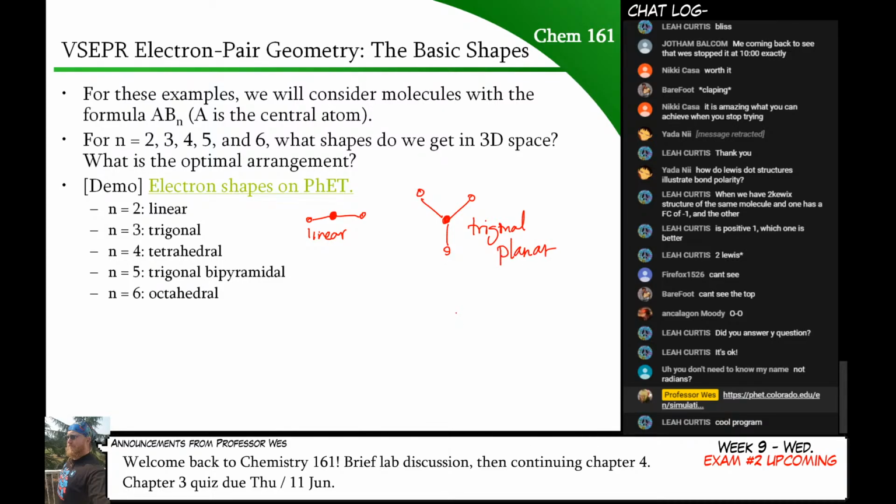But if you have the opportunity to draw these on paper, which you're going to have to at some point to answer the questions, you're going to need to see how to draw them properly, and so that's where this comes in. So the filled-in circle is the central atom, and then the hollow circles are going to be my external atoms. There's trigonal bipyramidal, and then octahedral is just up, down, left, right, front, back.